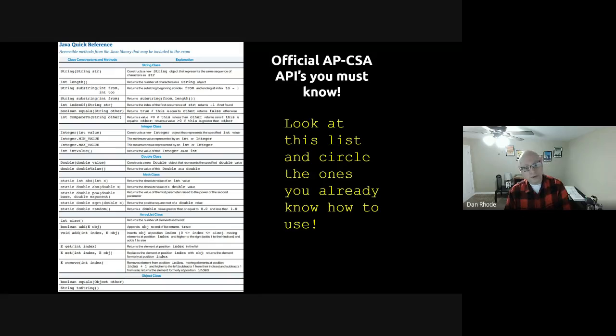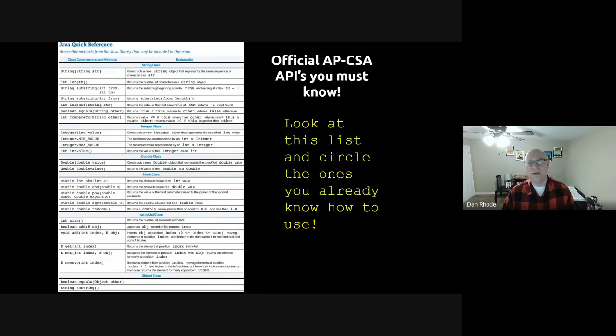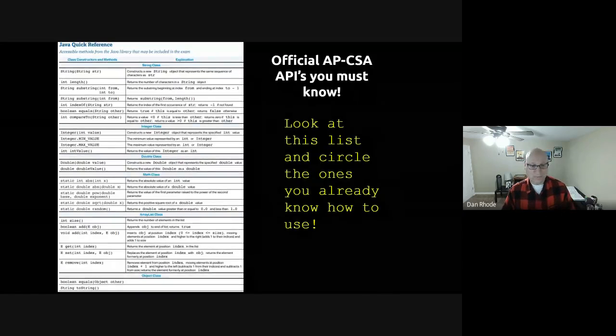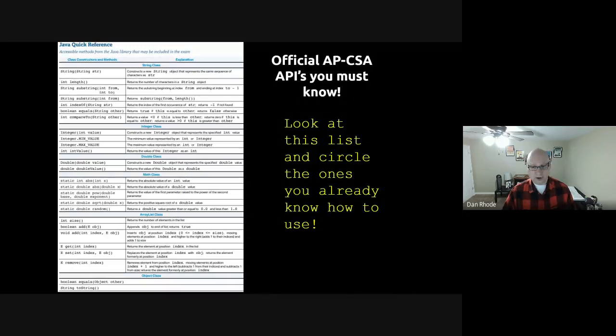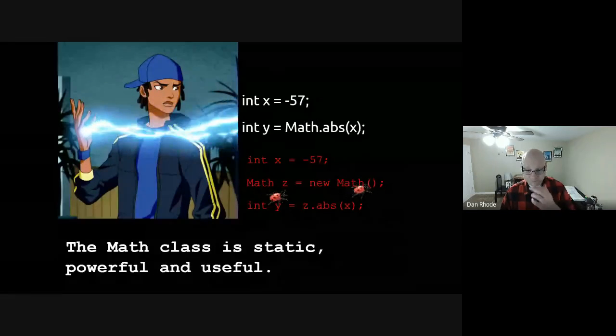Same with square root, and the same with this evil random, the hardest one. So those, actually, I consider them just four. I know it says ABS twice, but that's an ABS for an integer and an ABS for a double. Those four calls to the math class are given to you for free.